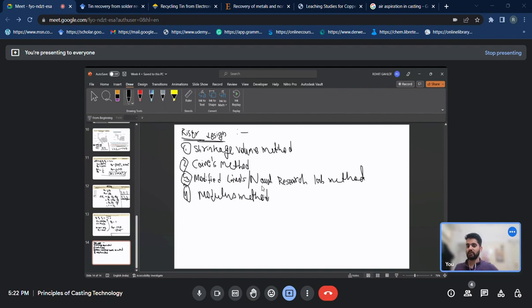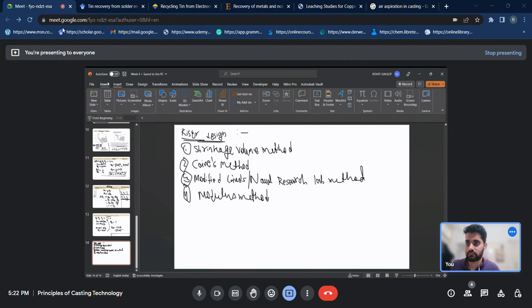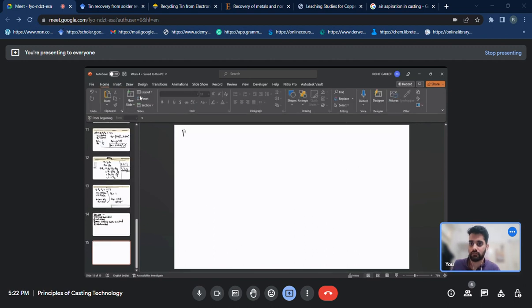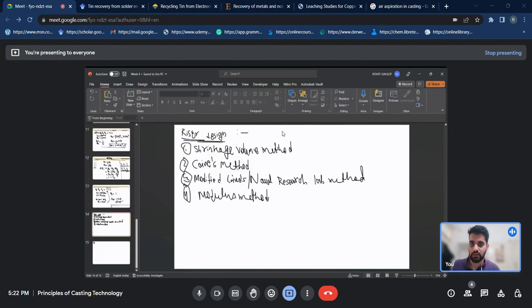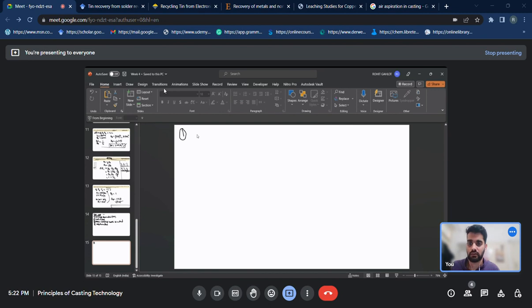Firstly, if we discuss the shrinkage volume method, in short form I will write it as SVM.